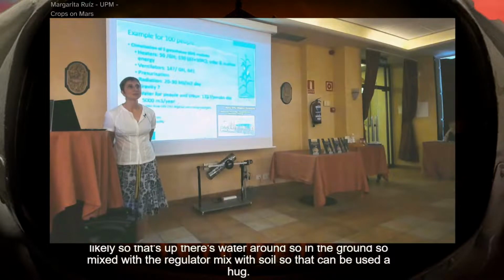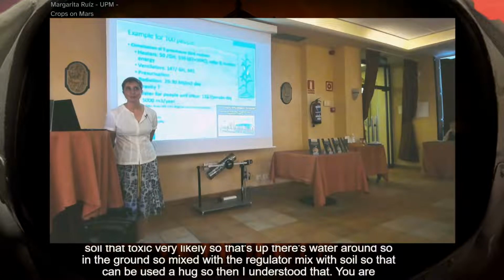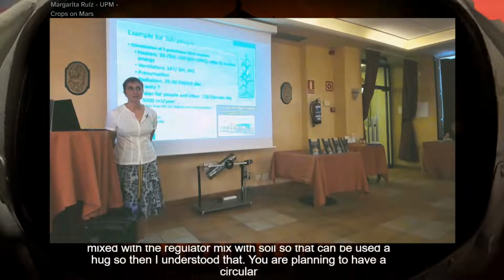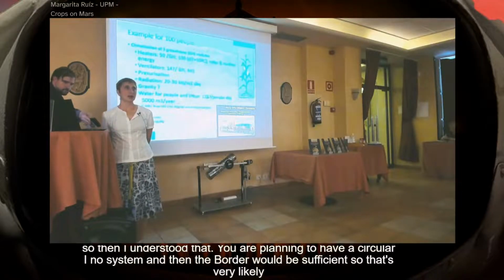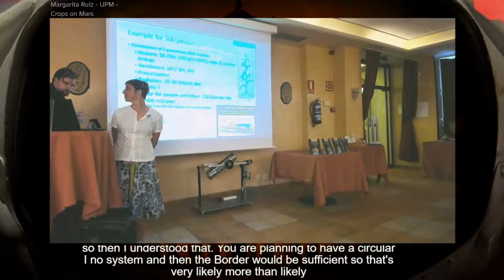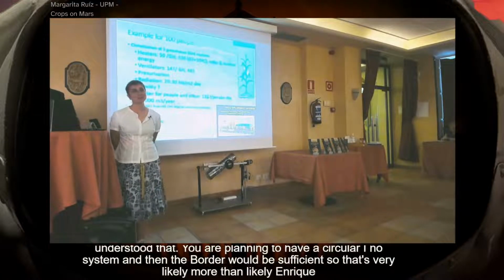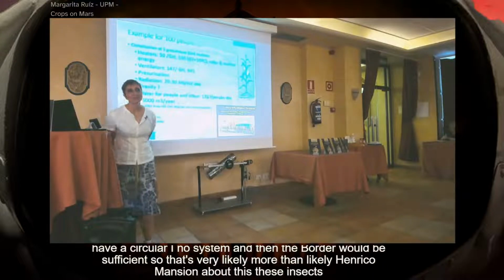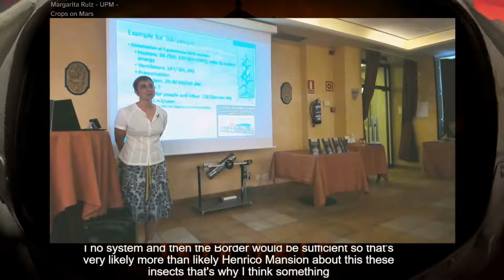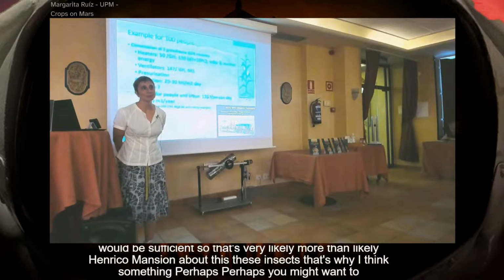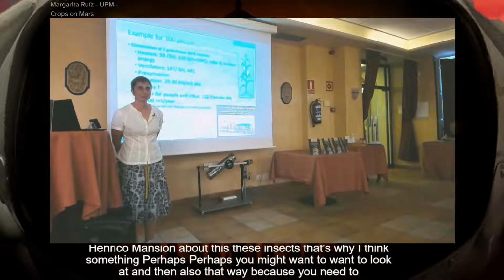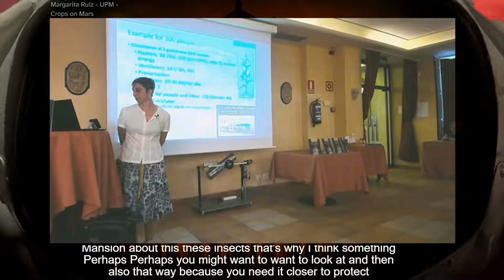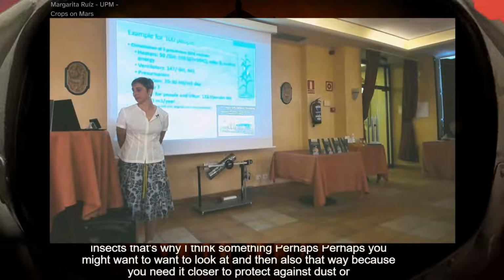I understood that you were planning a circular kind of system, and then the water would be sufficient. That is very likely. But also, as Enrico mentioned about insects, that is something you might want to look at, because you need a closure to protect against dust storms.